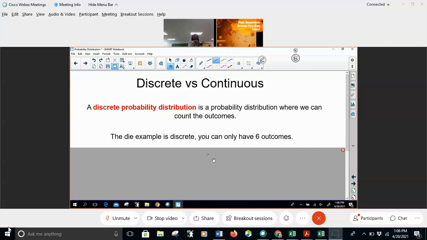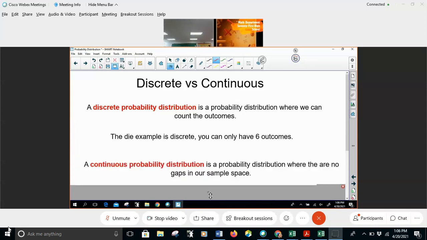You can count that: 1, 2, 3, 4, 5, 6. You can count how many outcomes there are. Again, if you can count the number of outcomes, it's a discrete probability distribution.